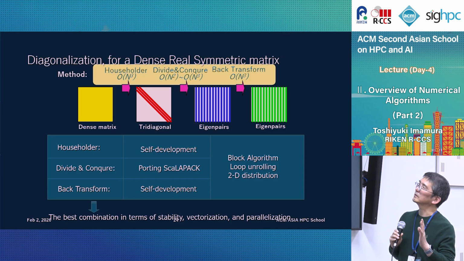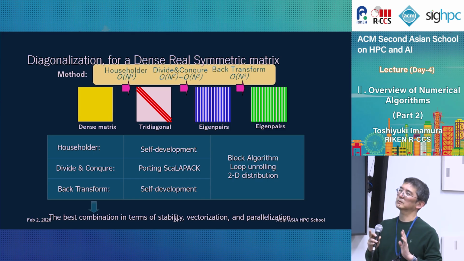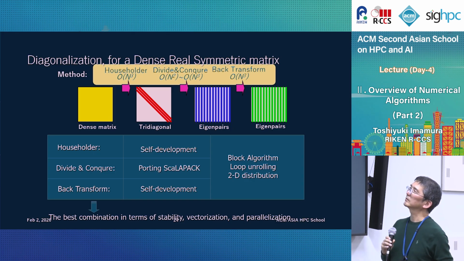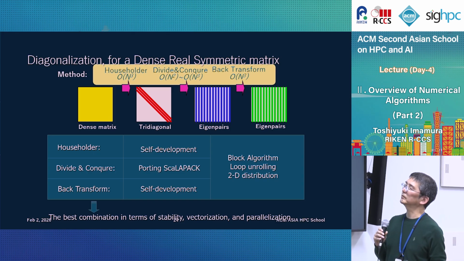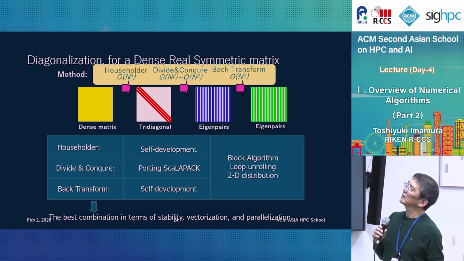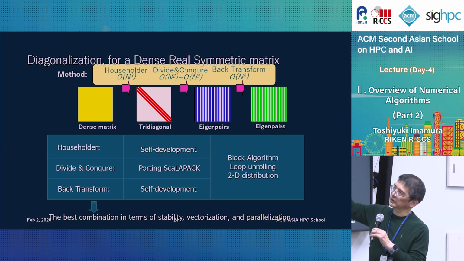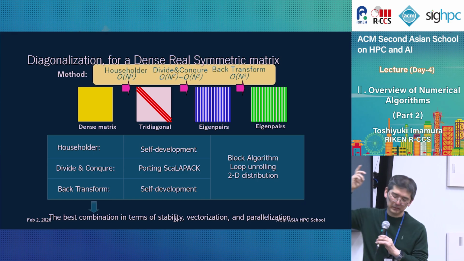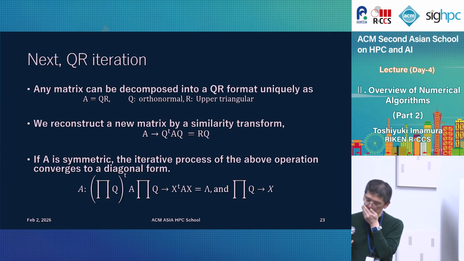Just briefly, here is the image of the workflow, with several steps to solve a huge problem on a parallel computer. If we solve large eigenvalue problems in parallel, there is the QR iteration from the last page.